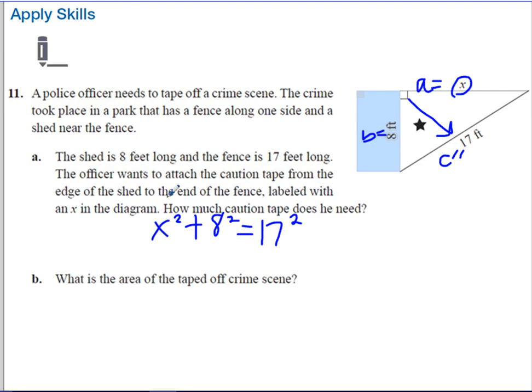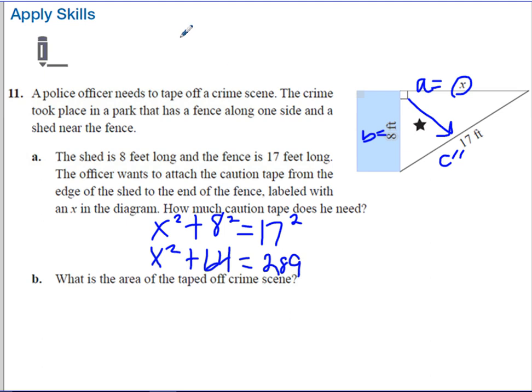So when we solve this, we will get X squared plus 8 times 8 is 64, equals 17 times 17 is 289. Now notice our X squared is not by itself where we need it to be able to take the square root.